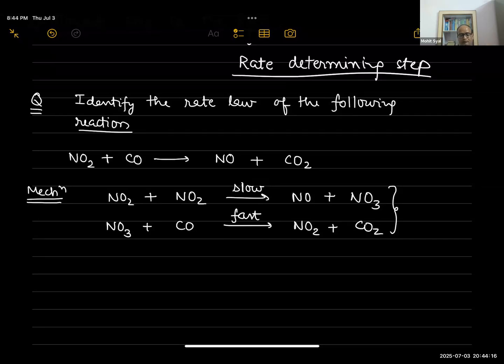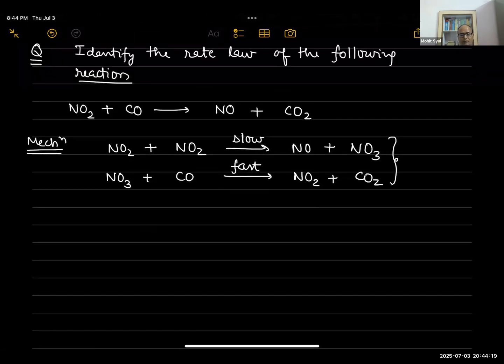Correct. And the rate will depend upon step 1 or 2? Step 1. Yes, because it is the slowest step that is taking more time. So rate is dependent on this. And this is a complex reaction, so I will write rate on the basis of this.